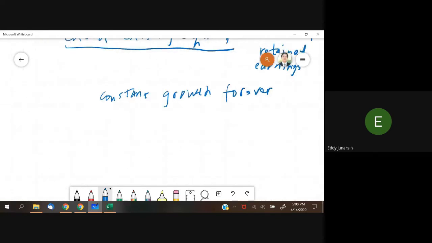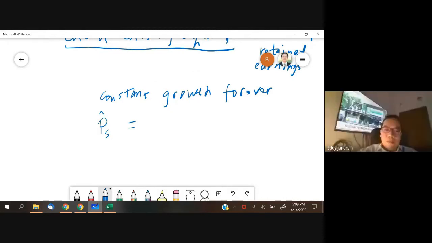So the price of the common stock should be a function of the next cash flow, or if you want to simplify the case, the next dividend, right?